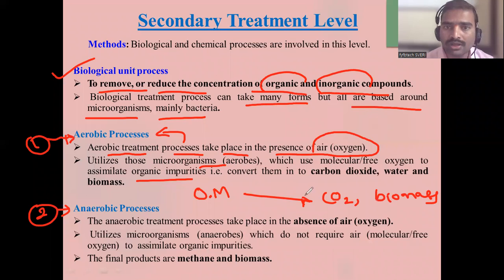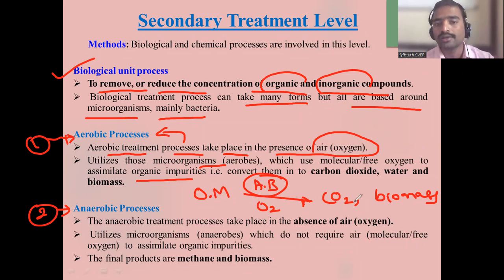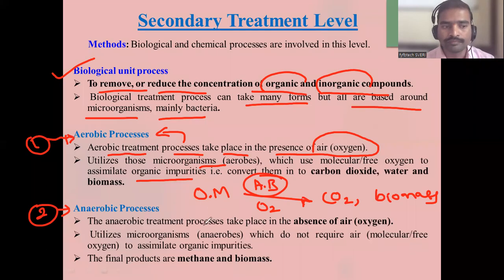Who will convert this organic matter into carbon dioxide? That is aerobic bacteria, in the presence of oxygen. So the bacteria will convert organic matter into carbon dioxide or biomass in the presence of oxygen. Then that process is called the aerobic process.